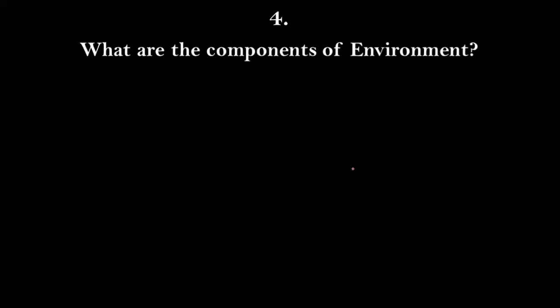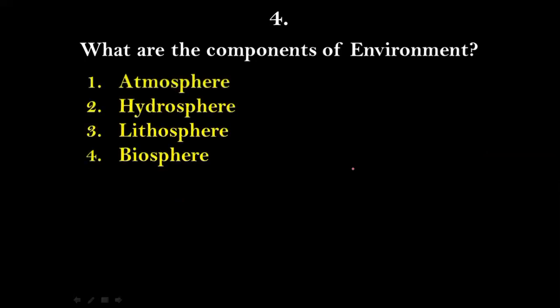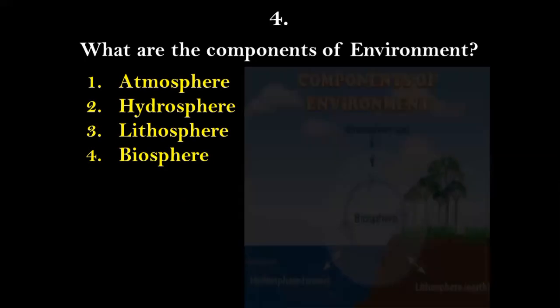Question number 4. What are the components of an environment? The components of environment are four, that is atmosphere, hydrosphere, lithosphere, and biosphere. Let us understand with the help of a diagram here.